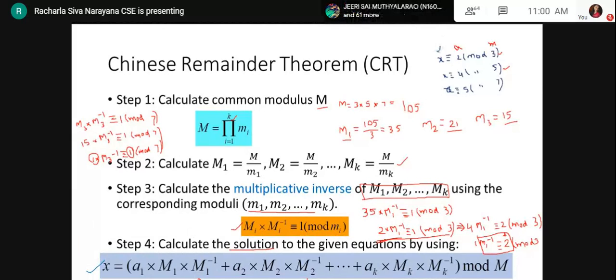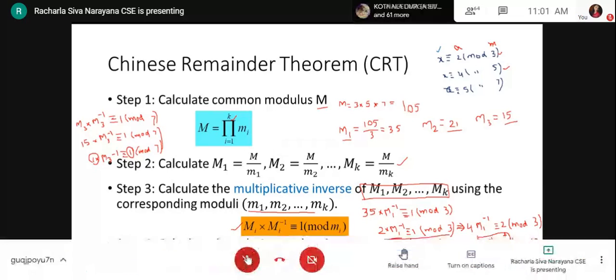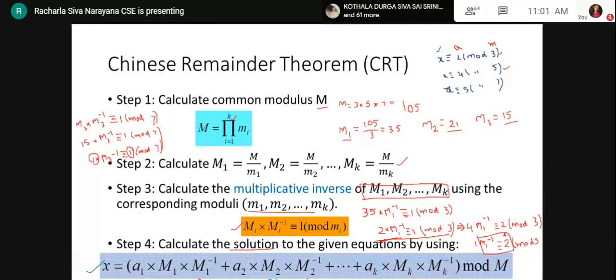To find the x value, we perform a1 into M1 into M1 inverse plus a2 into M2 into M2 inverse plus a3 into M3 into M3 inverse, whole mod M. Here a1 value is 2, M1 value is 35, M1 inverse is 2, plus a2 value is 4, M2 value is 21, M2 inverse is 1, plus a3 value is 5, M3 value is 15, M3 inverse is 1, whole mod capital M value 105.